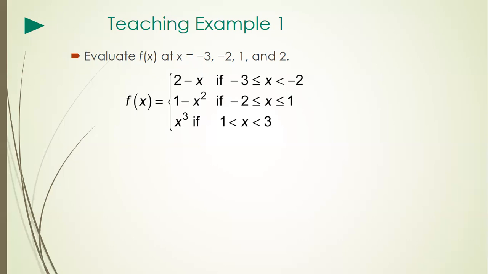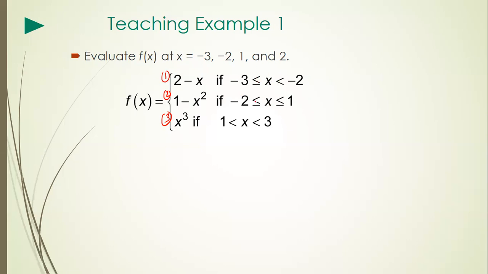All right, so your do now has you evaluating, right? Evaluating means that you're given the values of the variable and you're substituting them in, correct? Okay, so here it wants us to evaluate at x equals -3, -2, 1, and 2. Because we have specific intervals, certain numbers use different pieces of this function. So we have 3 pieces: piece 1, piece 2, and piece 3. If a number is between -3 and -2, but including -3, we use the first piece.